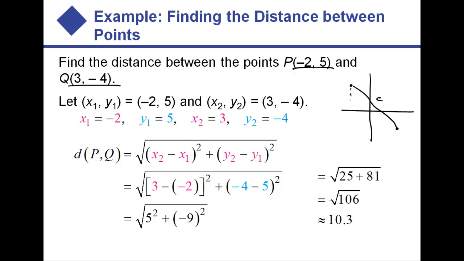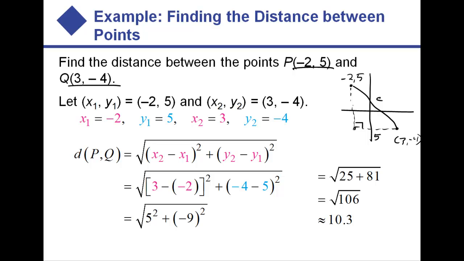So I'm just going to draw in this right triangle. And if this is -2, 5, and this is 3, -4, then from there to there is going from -2 to 3. So that's a distance of 5.